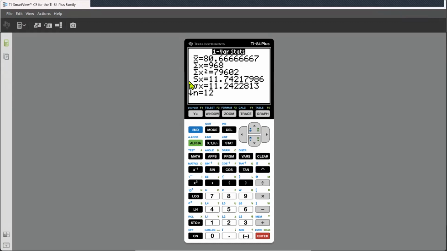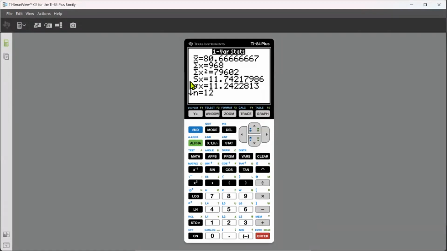This wasn't everybody. So look at Sx in the middle of your screen. Sx is 11.7422. And N is 12. Okay. That's where she got her numbers from.